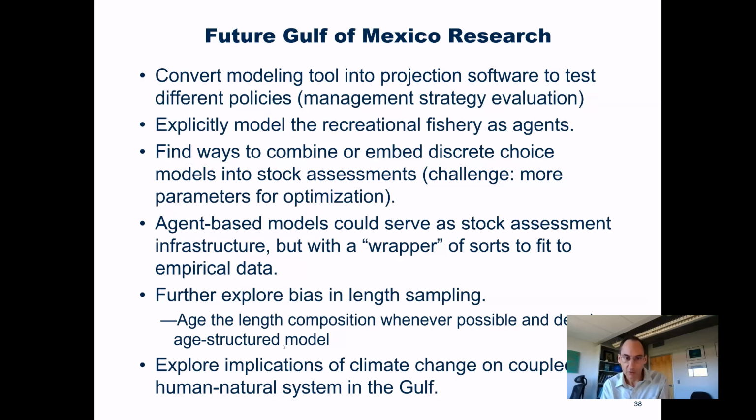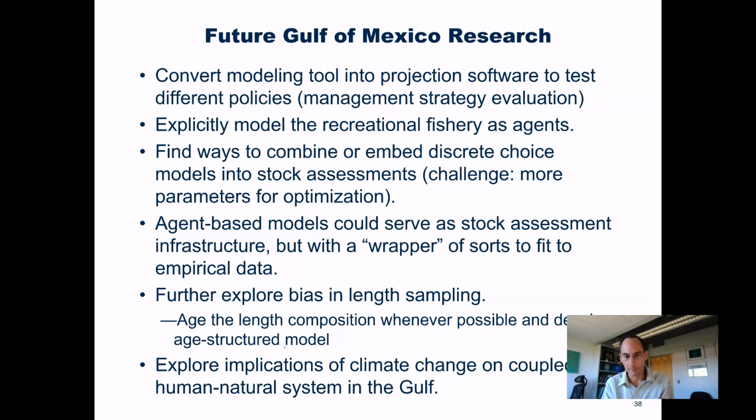But that's very challenging just because it adds a lot more parameters to the optimization landscape. And it's hard enough to optimize and fit some of these discrete choice models, especially those that you're fitting for space, because if you break up space into small areas, you would need a lot of computing power and computing time to get those models to converge and fit.